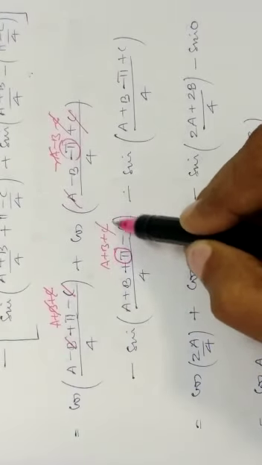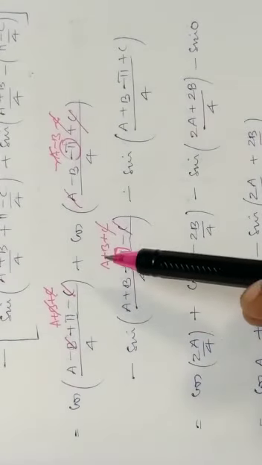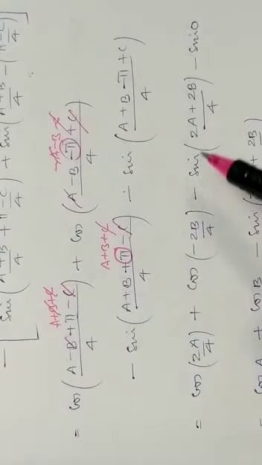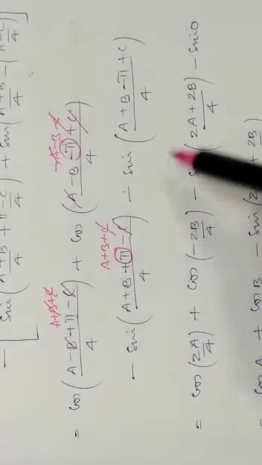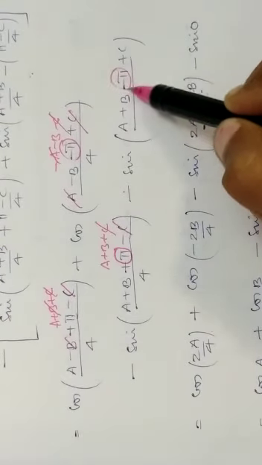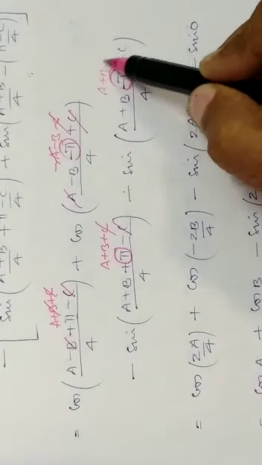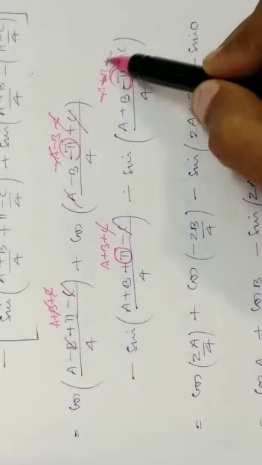So, plus c minus c gets cancelled. Remaining a plus a, 2a, b plus b, 2b by 4. So, 2a plus 2b by 4. Minus, in the place of minus pi, we can write a plus b plus c. So, minus a, minus b, minus c.